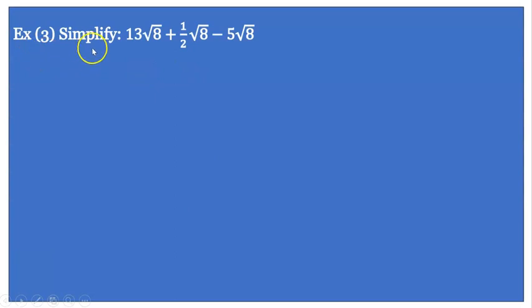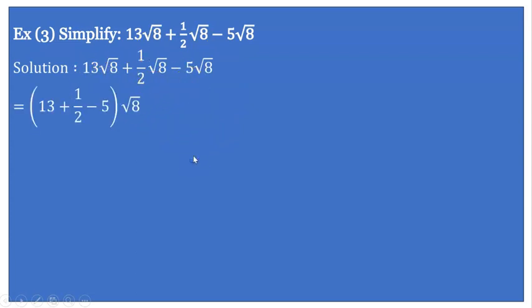Example number 3. Simplify 13 root 8 plus 1 upon 2 root 8 minus 5 root 8. Now take root 8 as common. Then in the bracket you will get 13 plus 1 upon 2 minus 5. Again simplification by the LCM.